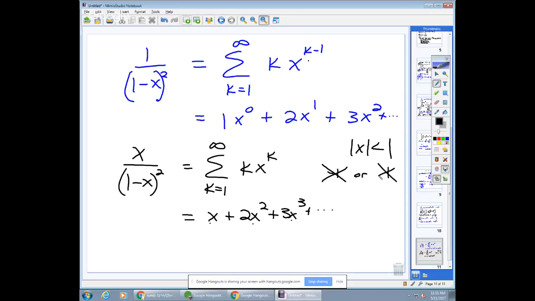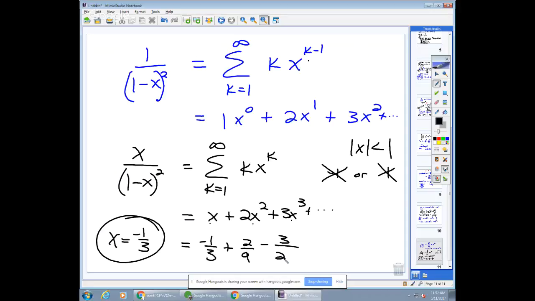Here's the number I want to plug in. x equals -1/3. Because then I'll get the following series. I'll get -1/3 plus 2 times (-1/3) squared, which would be 2/9. Then I'll get a minus 3 times (-1/3) cubed, which is 3/27.